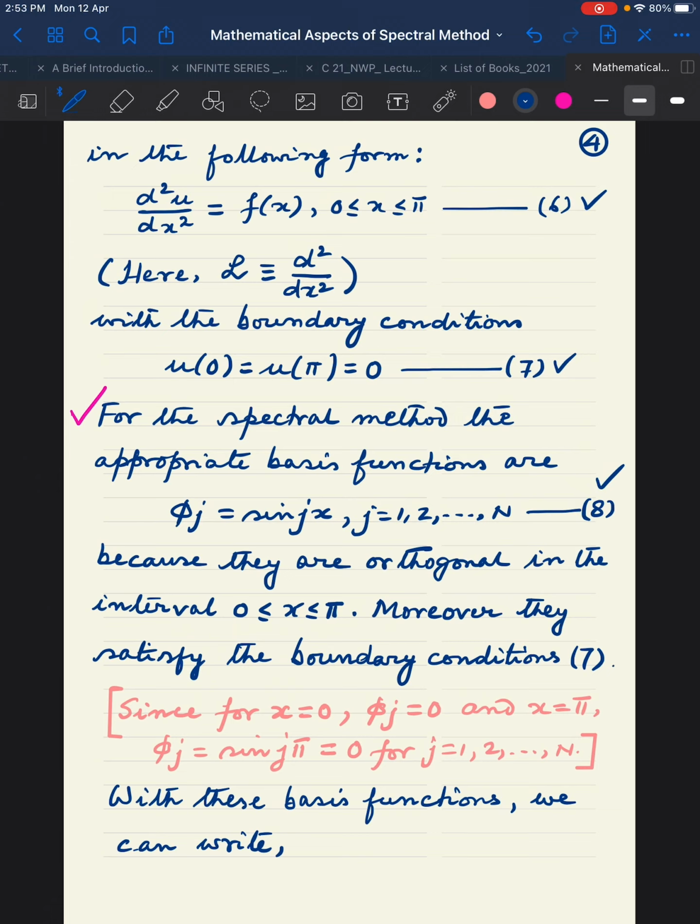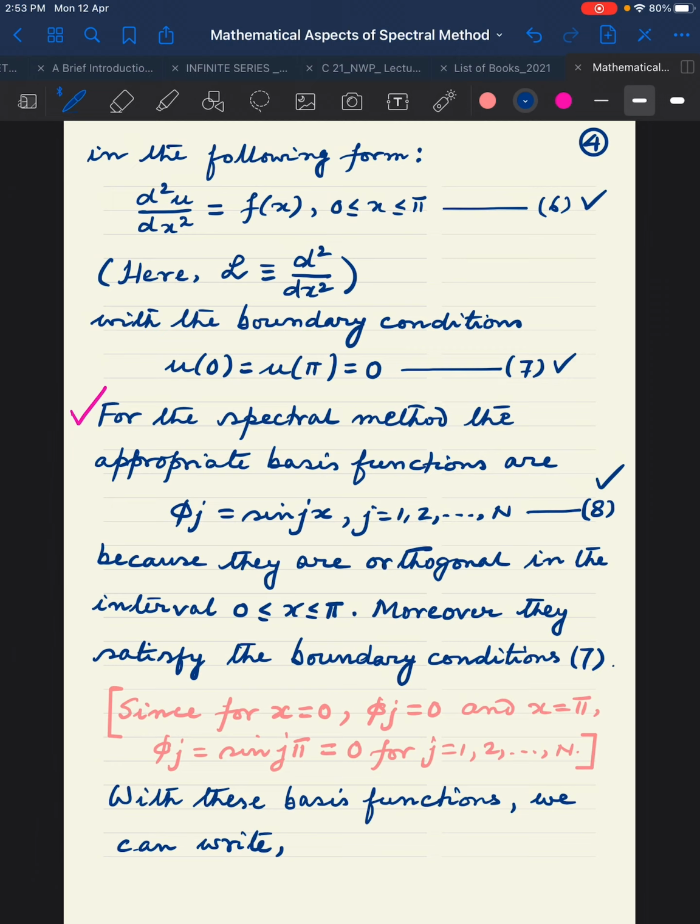Both are to be satisfied. So they are suitable because they are orthogonal basis functions. That was the necessity for the Galerkin method.